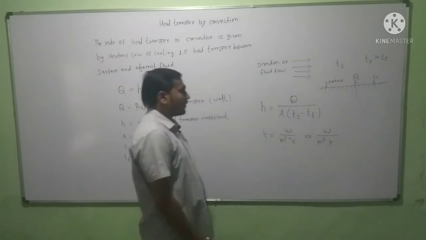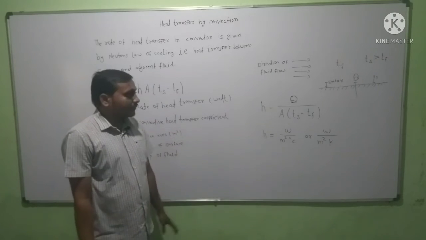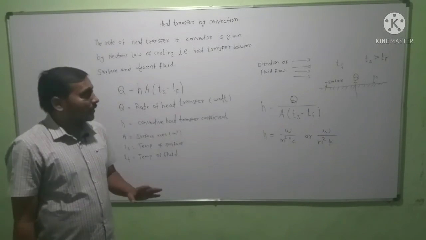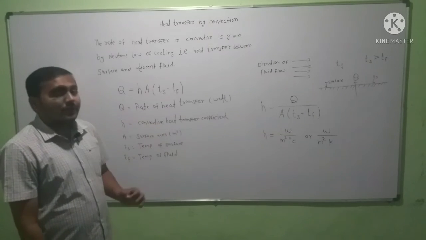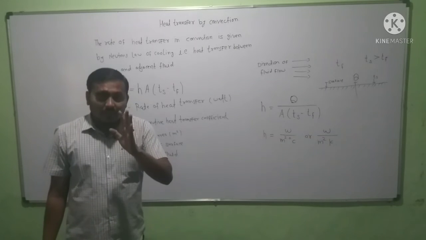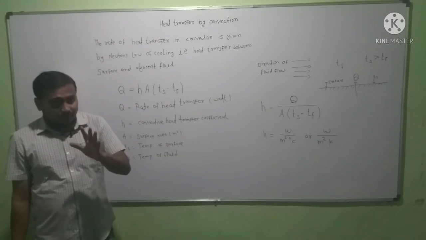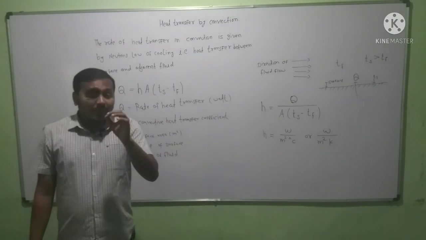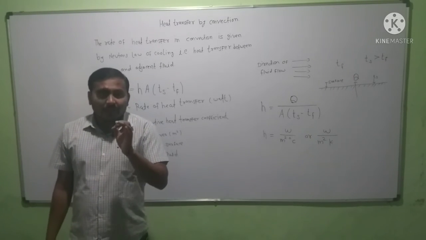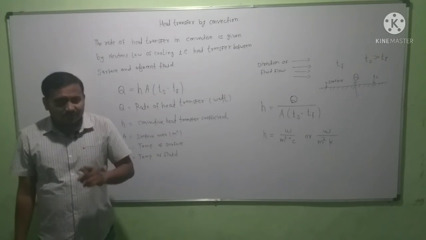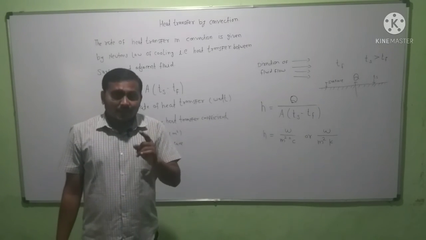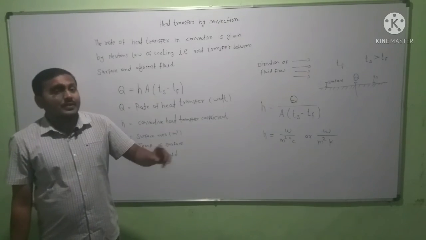You can use this and you will solve numericals on this. This is nothing but your rate of heat transfer in convection, given by Newton's law of cooling: Q equals H into A into Ts minus Tf, whereas H is your convective heat transfer coefficient, Ts is surface temperature, Tf is fluid temperature.